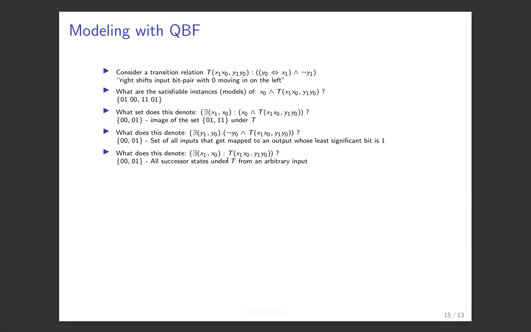So this gives you the set of all successive states under T starting from an arbitrary state. By input I mean the initial start state. So this captures the image under T of any arbitrary state. So input could be either 0 0, 0 1.